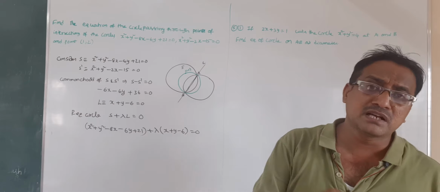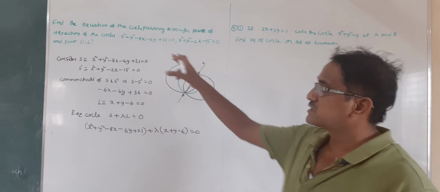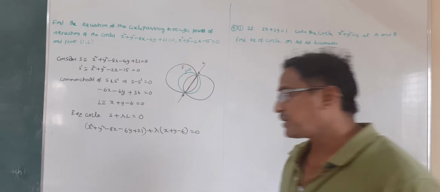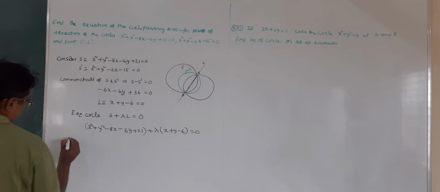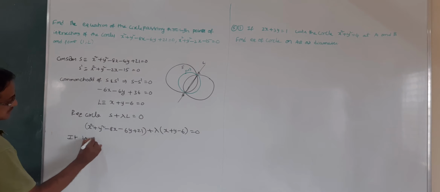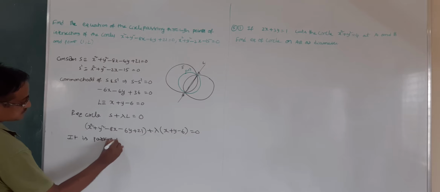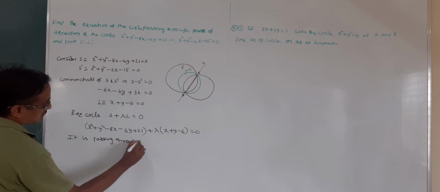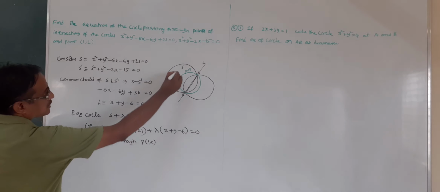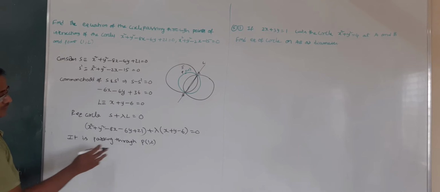Now it is given that this particular circle is passing through the point 1, 2. Let P be the point 1 comma 2.